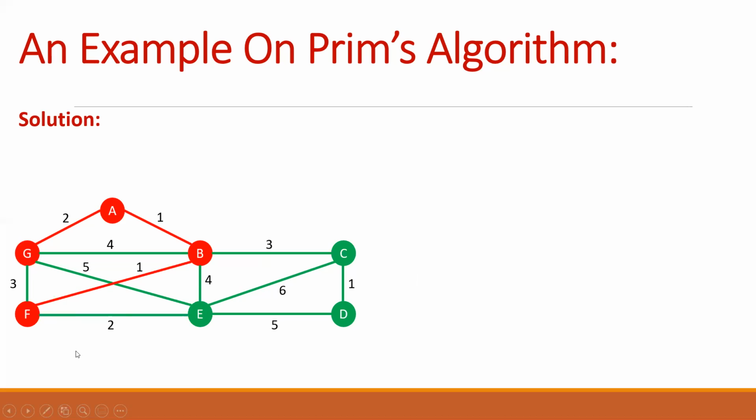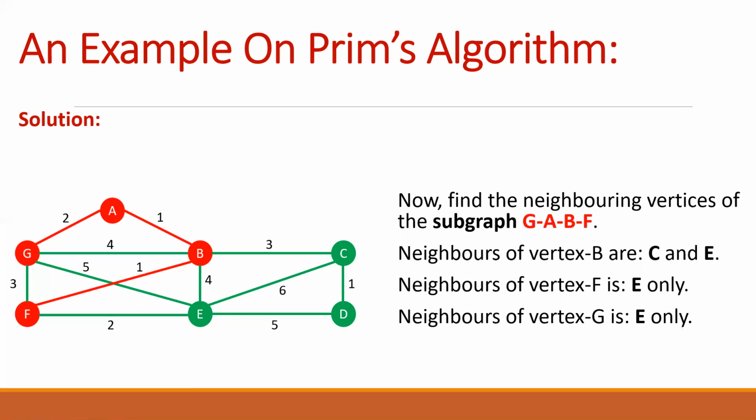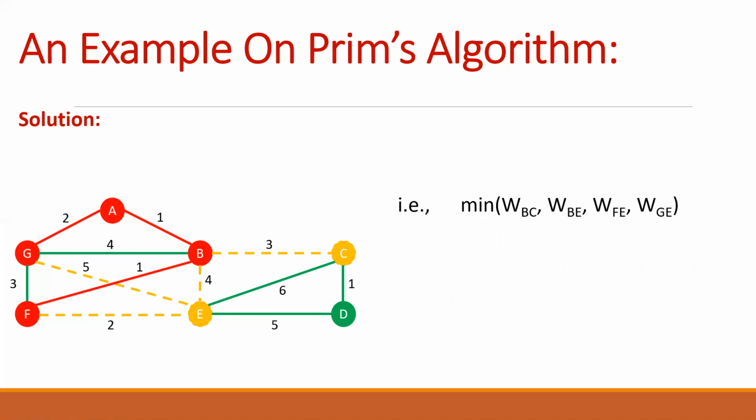Now we have to find again the neighboring vertices of this subgraph GABF. A has no neighboring vertices. G has only one neighboring vertex E. B has C and E as neighboring vertices, and F also has only one neighboring vertex E. Now we have to find the minimum weight.